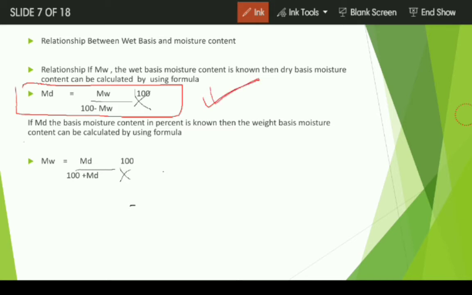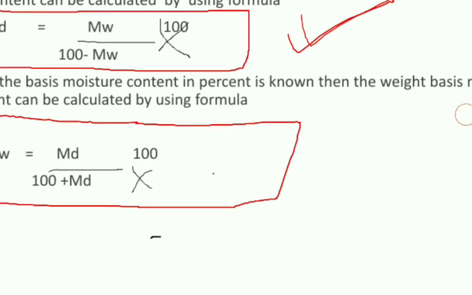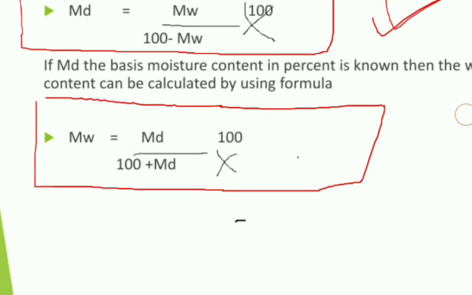And if we know the moisture content dry basis, we can convert it to wet basis by using the formula MW is equal to MD divided by 100 plus MD, multiplied by 100. So by using this formula, we can convert the dry basis moisture content into wet basis moisture content.